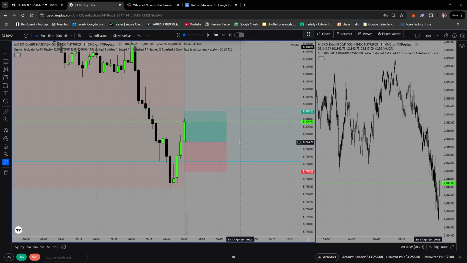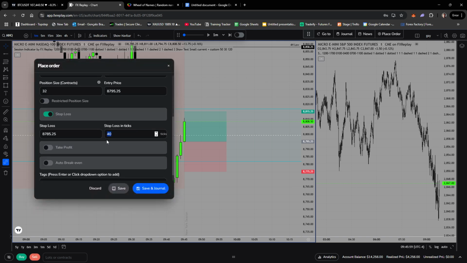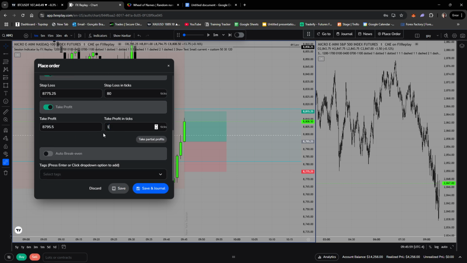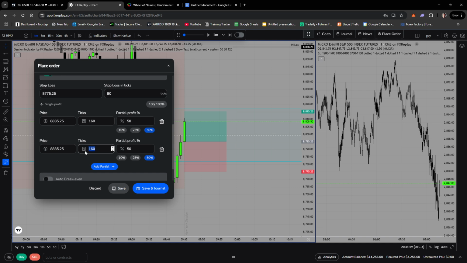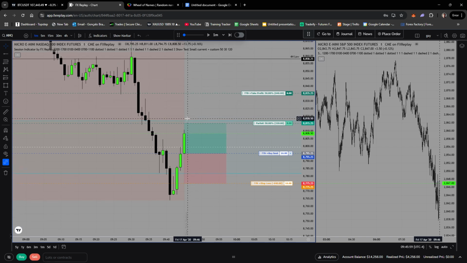So 1-to-1 we secure 50. 80 ticks, because it's quite volatile now. 160. Partials at 1-to-1. 0.9 risk free. I'm gonna target this high.